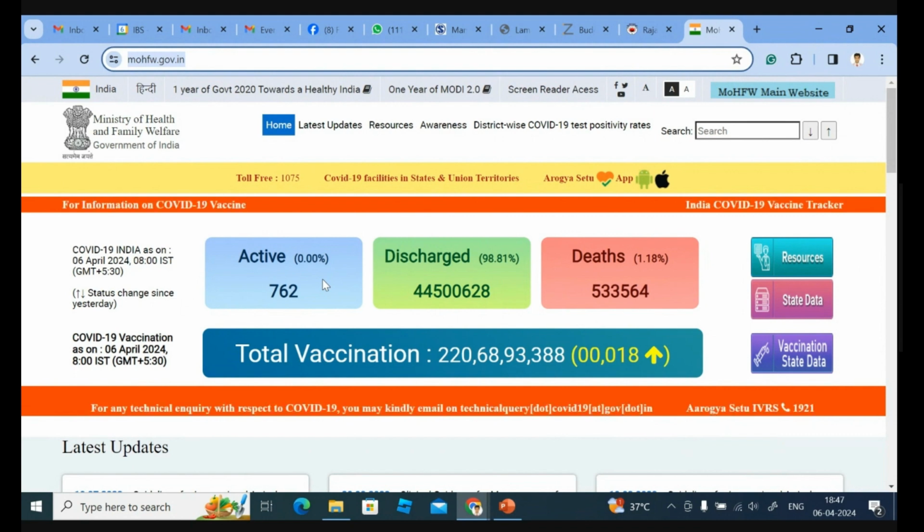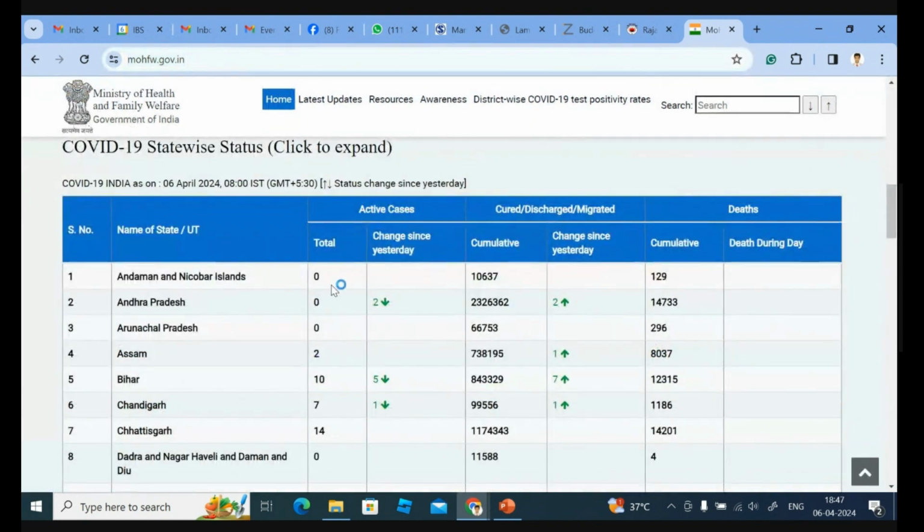So can you click onto this link? Anybody? Everybody? Hello? I want you to click on this and check the state data. Look at the state data.